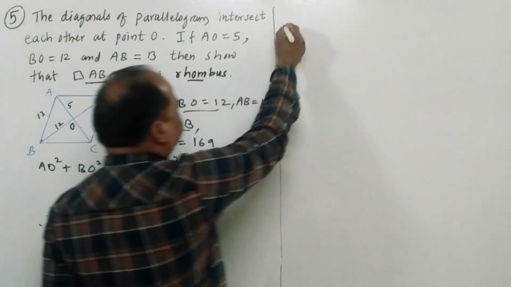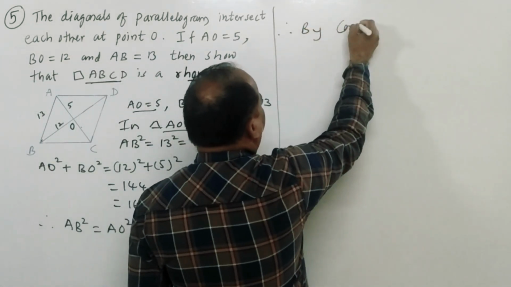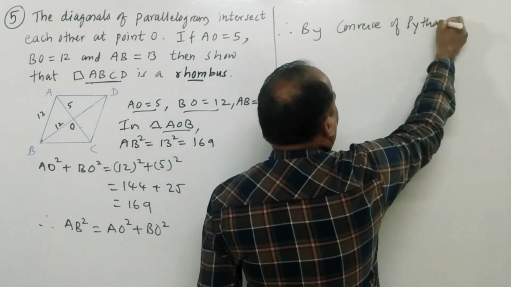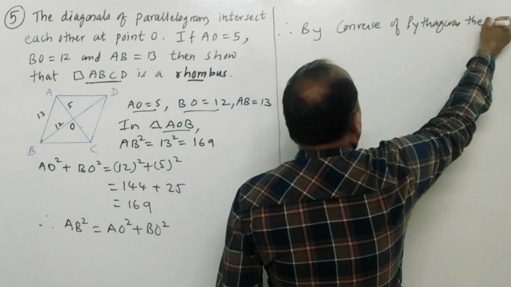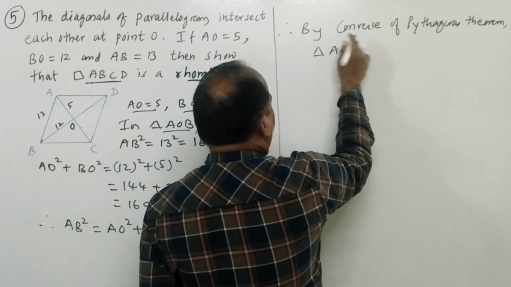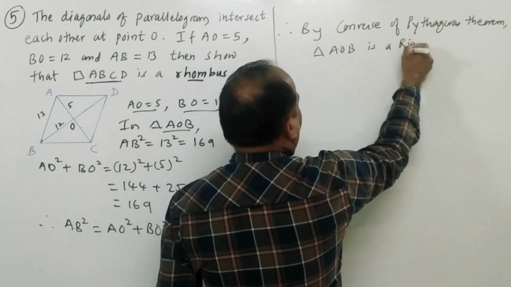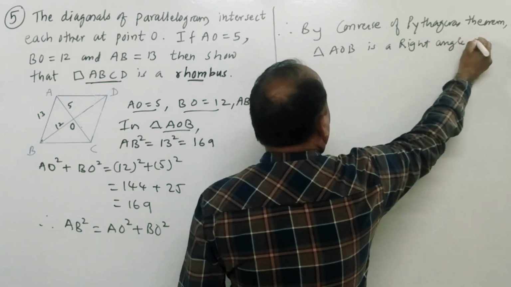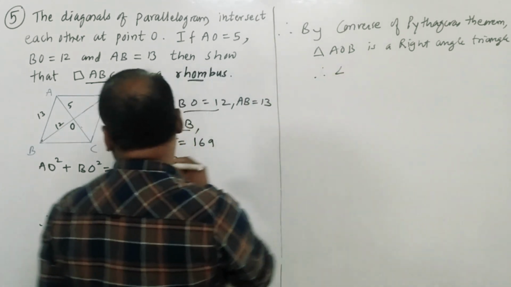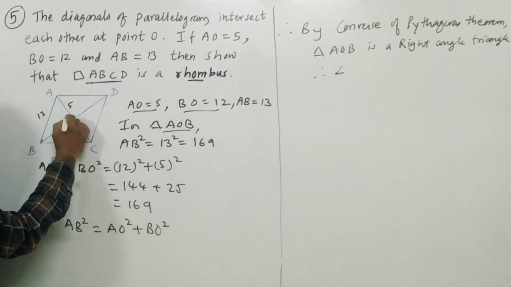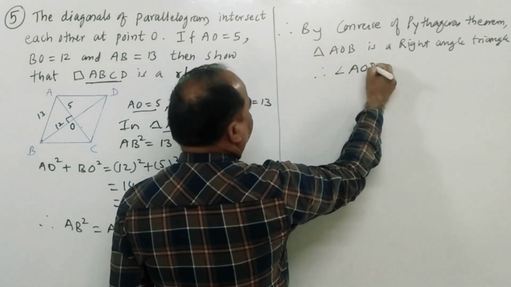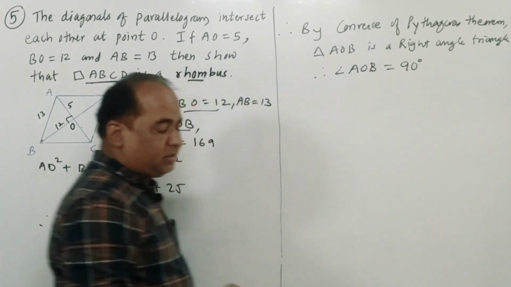Then by the converse of Pythagoras theorem, triangle AOB is a right angle triangle. Therefore, angle AOB is equal to 90 degrees.